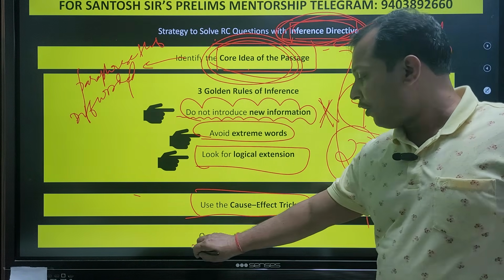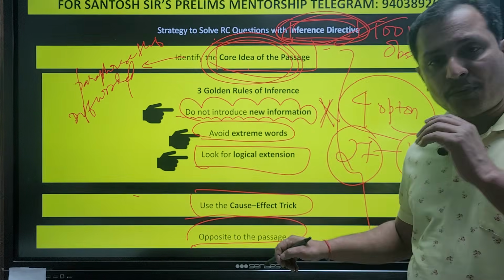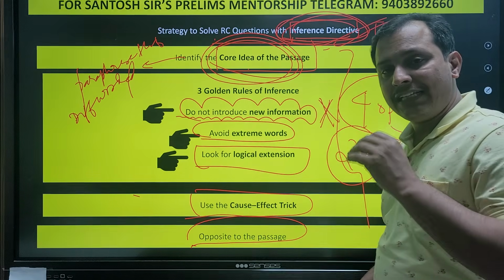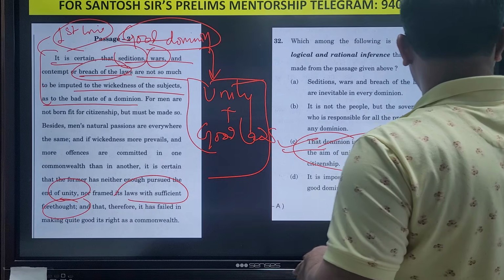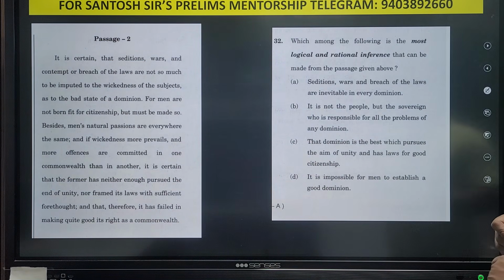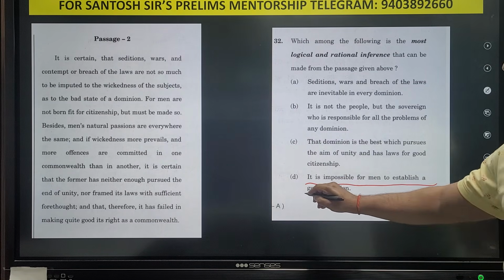And last is opposite to the theme of the passage. All those statements which are opposite to the theme or core message of the passage will automatically be incorrect. For example, you can see here, it says it is impossible for man to establish good dominion.